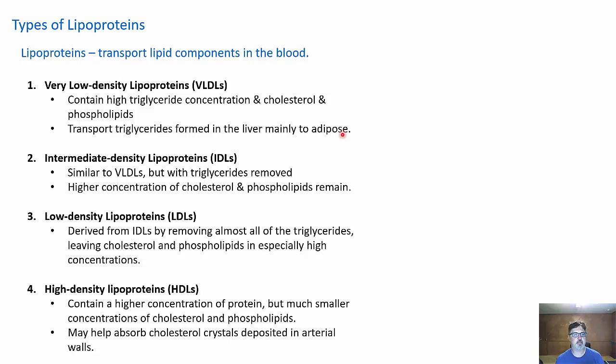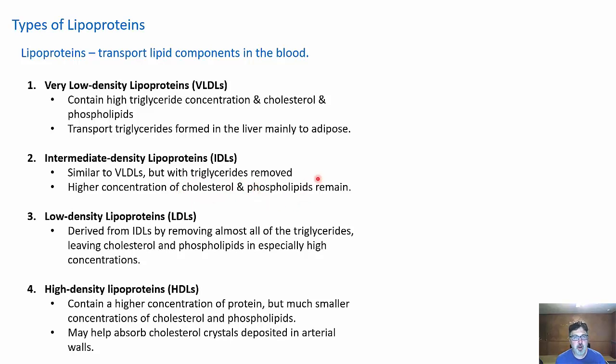Now, if you remove some of the triglycerides, maybe into the adipose, then we form something called the intermediate density lipoproteins, or IDLs. These are very similar to your VLDLs, but they're going to have some of those triglycerides removed. And because some of those triglycerides are removed, they will have a higher concentration of cholesterol along with phospholipids.